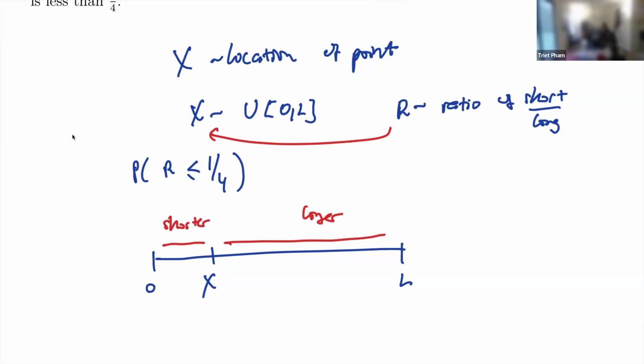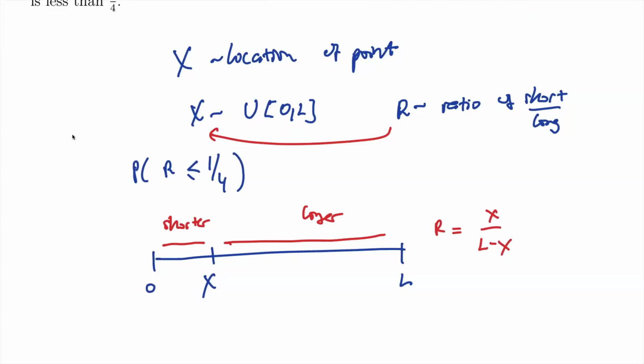So what is R in this case? How is R represented in terms of X? X over L minus X. Yes, correct. But is that always true? No, it's not always true.